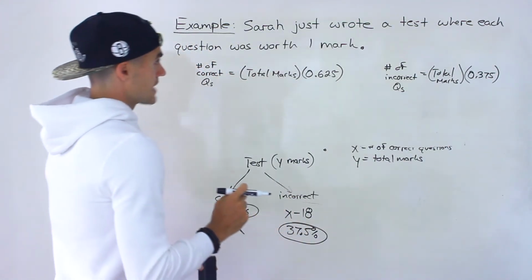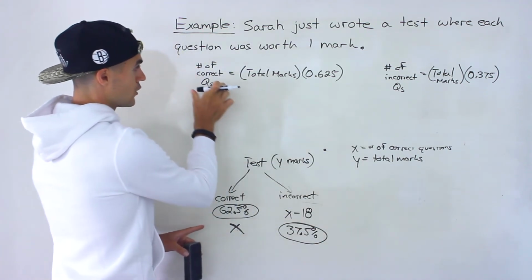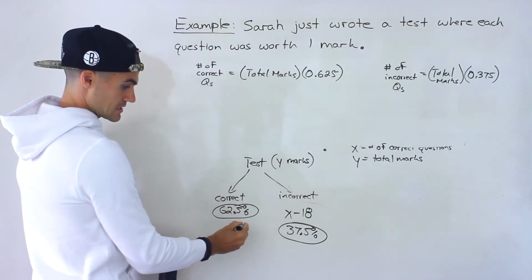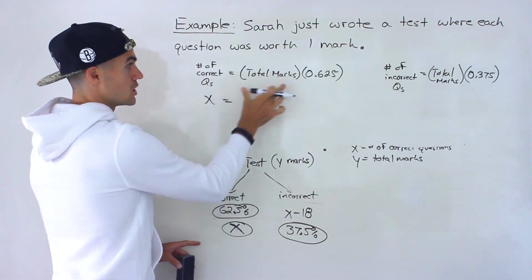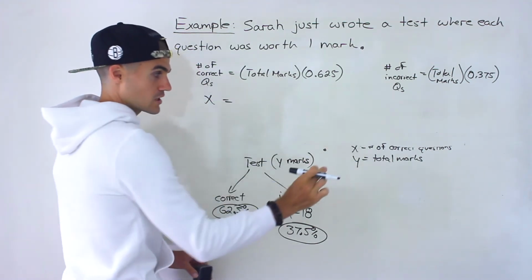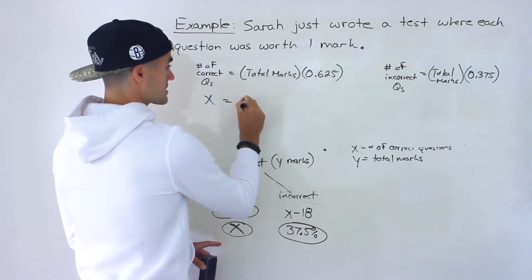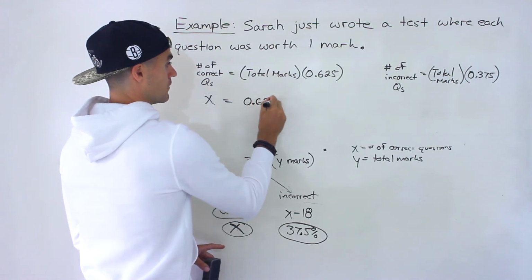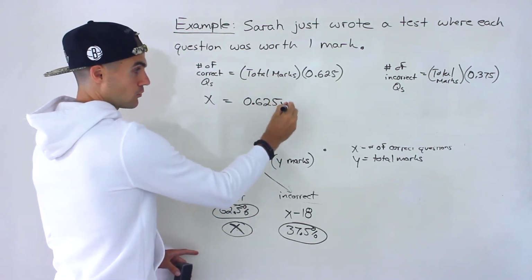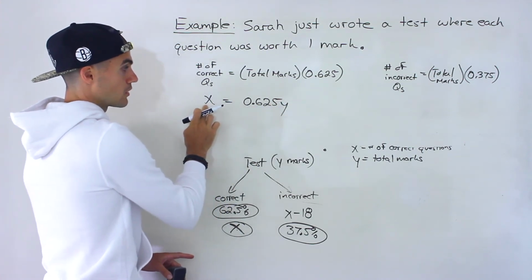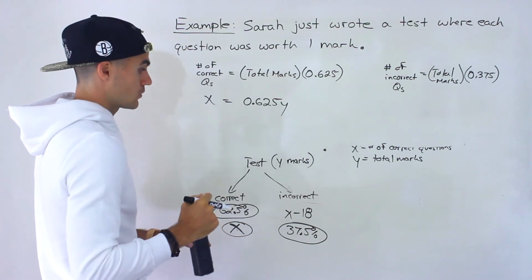And so notice that we can plug in these variables here. The number of correct questions is x. That's what we let x be. So we'll have x equals the total marks. We're introducing another variable, y. So y would go here. So it would be 0.625y, which makes sense. 0.625 times the total marks, y, is equal to the number of marks that she got from answering the questions correctly.